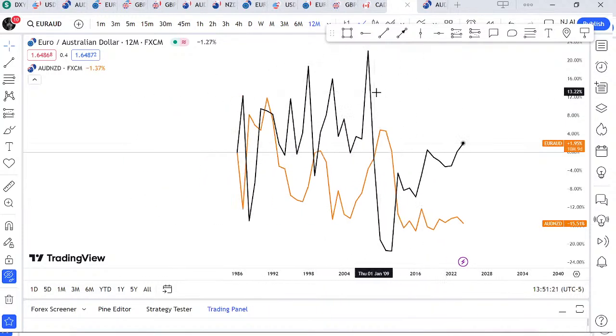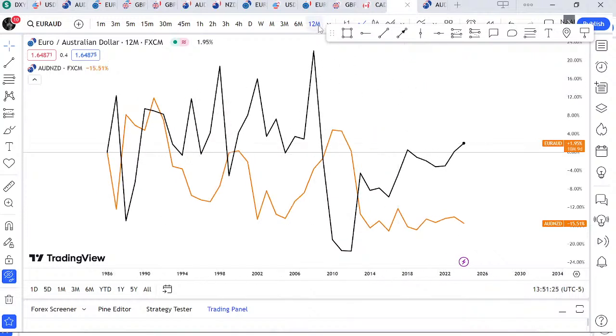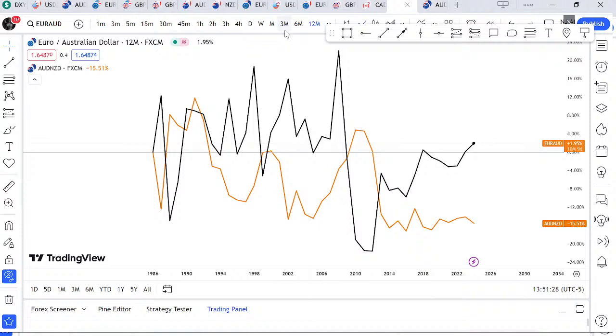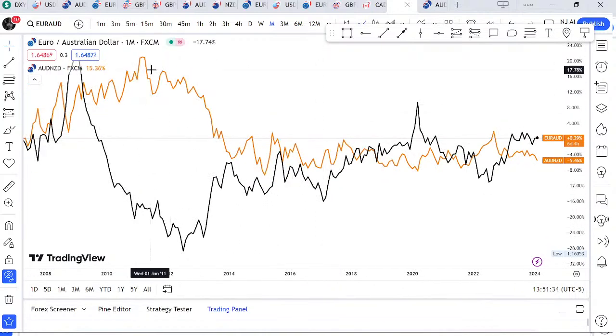Just by looking at it, you know that they are negatively correlated. This is the 12 month time frame. Let's look at the monthly time frame, to see if they are perfectly negatively correlated.